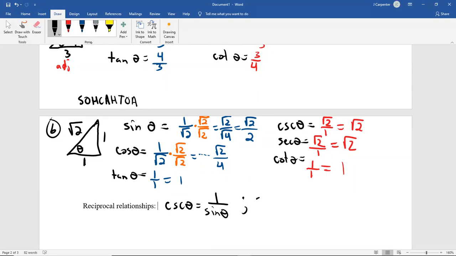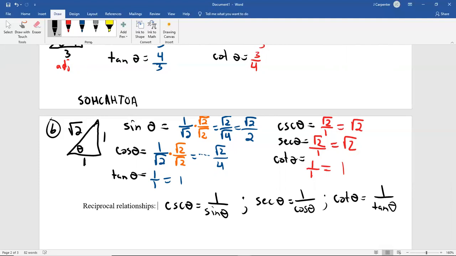It is that secant of an angle is 1 over cosine of an angle, of the same angle, of course. And that cotangent is 1 over tangent of the same angle. These are the reciprocal relationships.